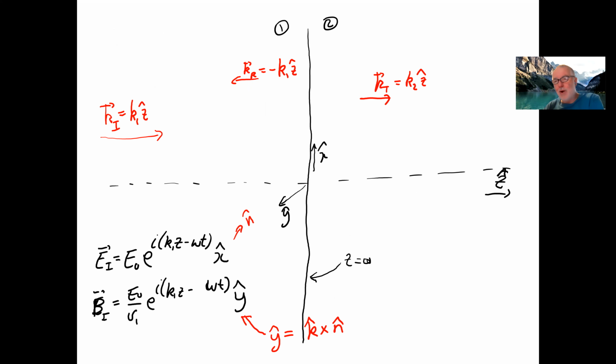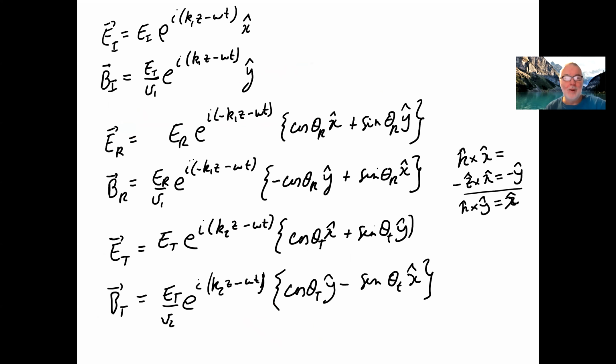And then he asks in a question, well, do we know that that's true? And then he says, just assume a general polarization of the reflected and the transmitted waves, and then show that that polarization has to be that the electric fields are in the x hat direction, or minus x hat direction, depending.